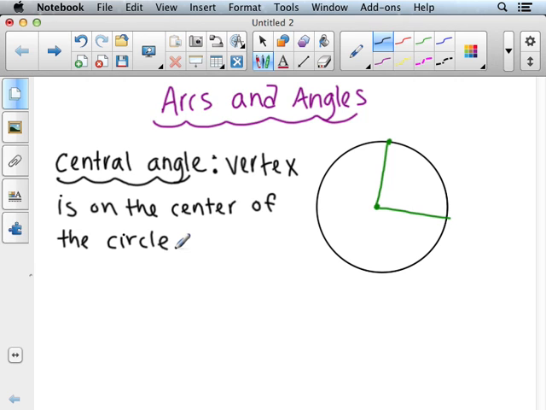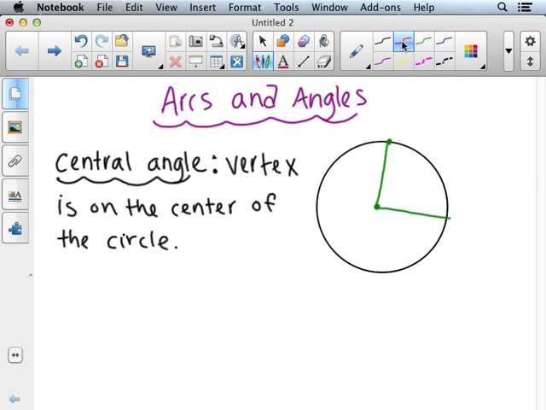Now, we're going to look at a couple of things in a second, but one thing that happens is this central angle has a measure, and it ends up being the same as the measure of this arc. So we can measure arcs in degrees, just like we can measure angles in degrees. So these end up being the same. We're going to talk more about that later.